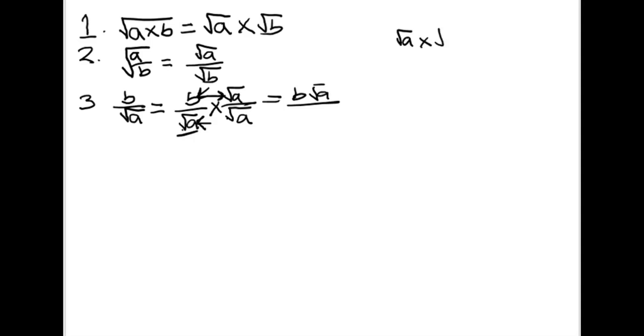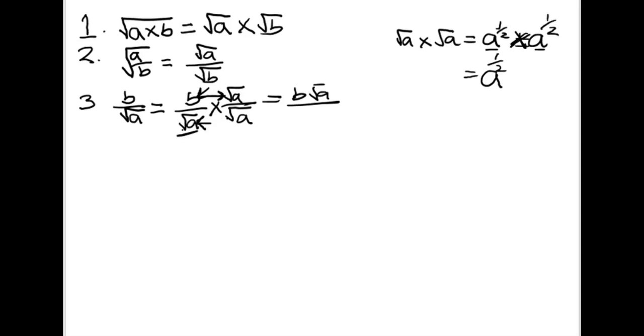is the same thing as a raised to the power of half times a raised to the power of half. The law of indices states that when two bases are the same, we bring them down as one and add their exponents.